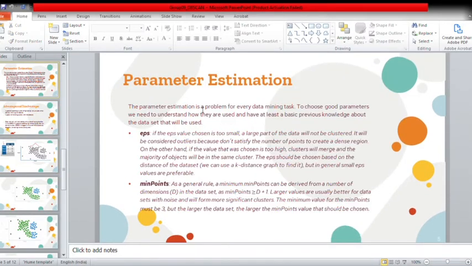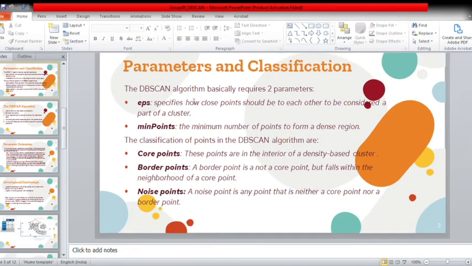Coming to parameters and classification, the DBSCAN algorithm requires two parameters. The first one is epsilon, which specifies how close points should be to each other to be considered part of a cluster. It means that if the distance between two points is lower than or equal to the epsilon value, then those two points are considered neighbors.